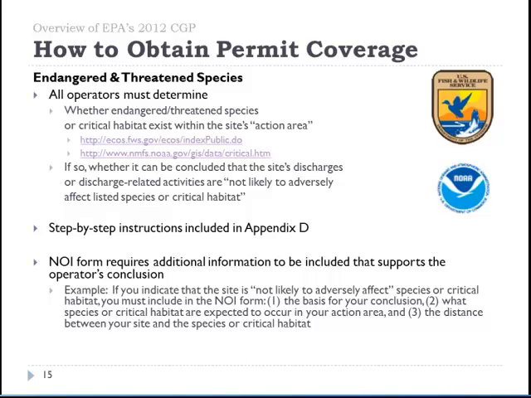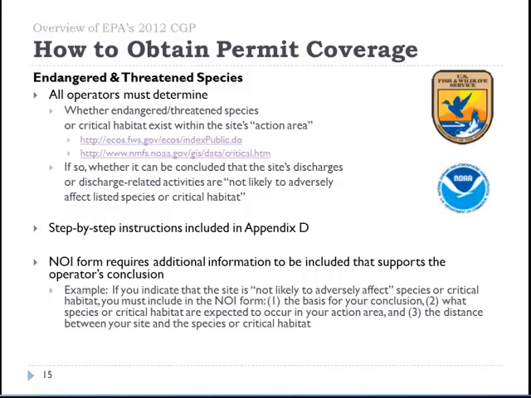And we've done that by establishing a process that operators need to go through, a kind of screening process to determine whether, first of all, there's any species or critical habitat in their action area. And the action area is pretty much defined as the discharge itself of stormwater, as well as the site itself.